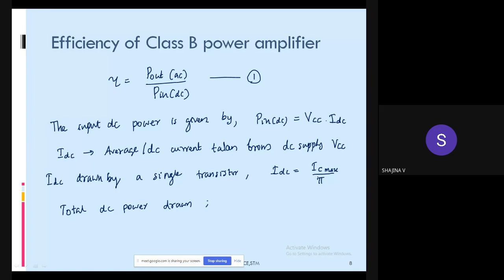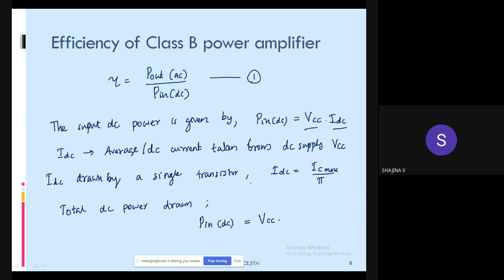For two transistors it will be 2 times IC max divided by pi. Hence the total DC power drawn, that is our P in DC, will be equal to VCC into IDC, that is VCC into 2 IC max divided by pi.